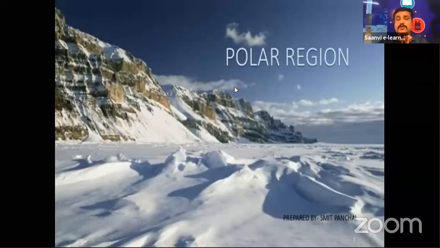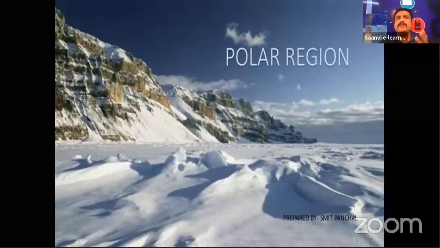Here you have a picture of the polar region, and you can see how the land and physical features look. You can even see some hills there, and the hills are also covered by snow. Due to the cold, the top layer, the top surface of the soil, is frozen, water changed into ice, and that top layer we call permafrost. Almost all the area is covered by snow or ice.